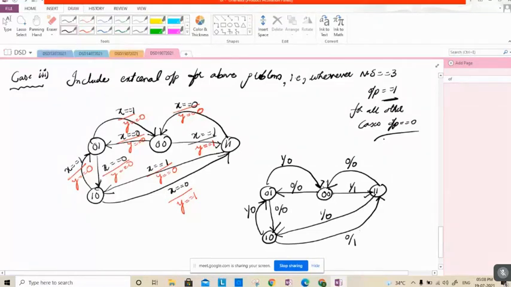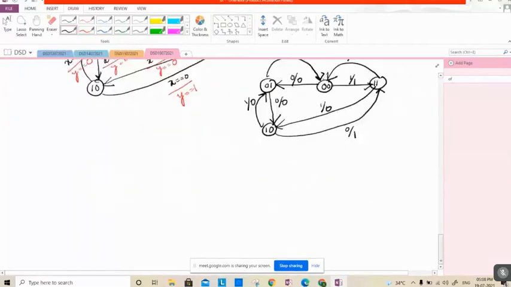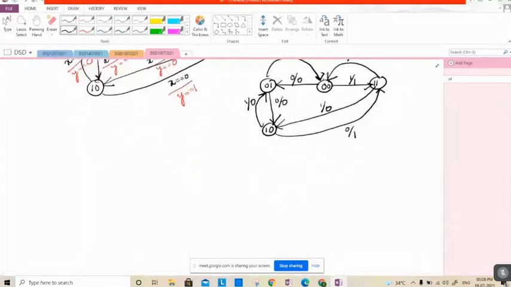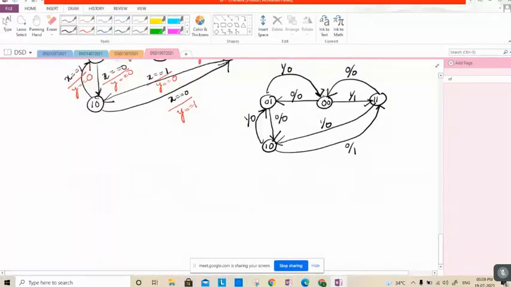How many of you have understood this particular state diagram? Any confusions in this? No, sir.